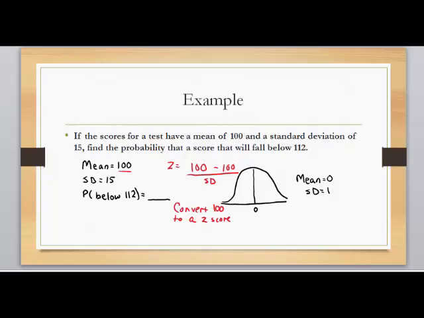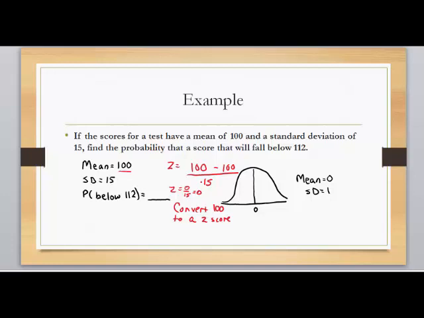And for my standard deviation, I put 15. I want you to think about what happens when we do this calculation. On the top of the fraction, we're going to get 0. So we're going to have, as our z calculation, 0 divided by 15, which remember that if you have a fraction that has a 0 on the top, that fraction is equal to 0.